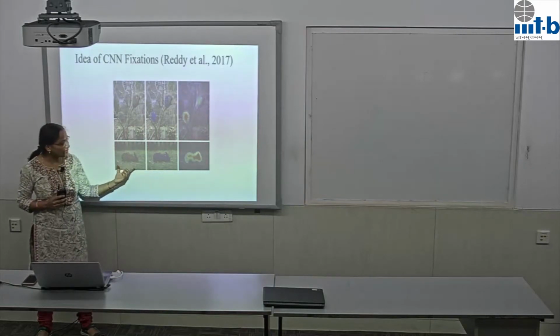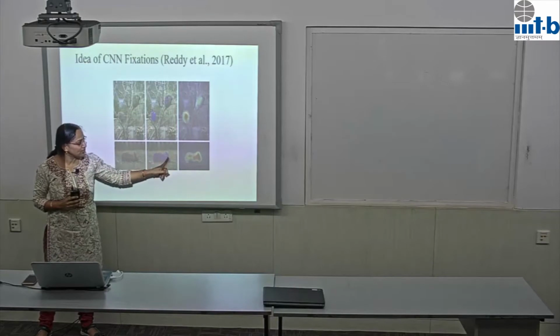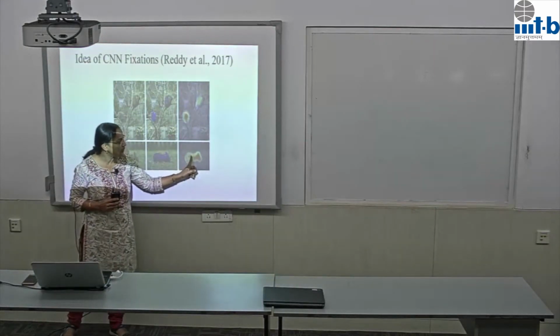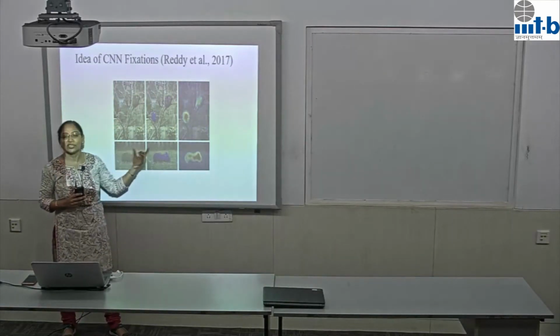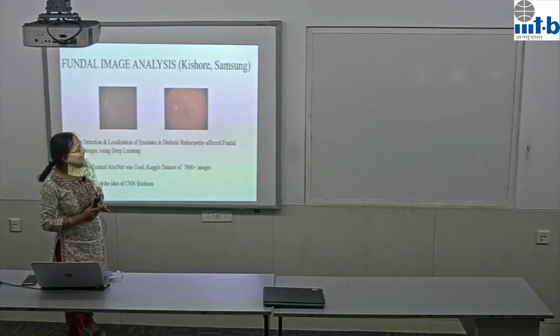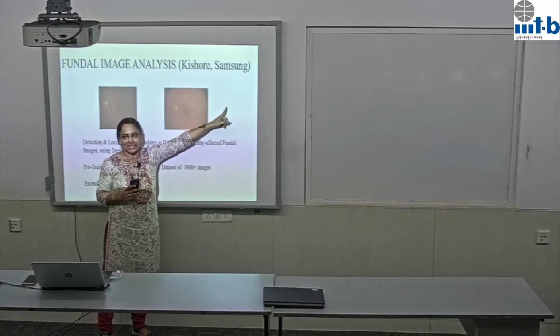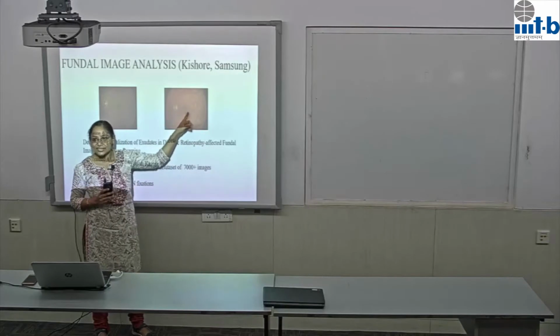Given this image, if I get the label rabbit, it will tell me that these are the pixels responsible for that label. A heat map on this will tell you that this is the region in the image that led to that label. This is the idea we used even here. If this image gets classified as a diabetic retinopathy affected image, it is happening because of these. So this is the idea that he used.